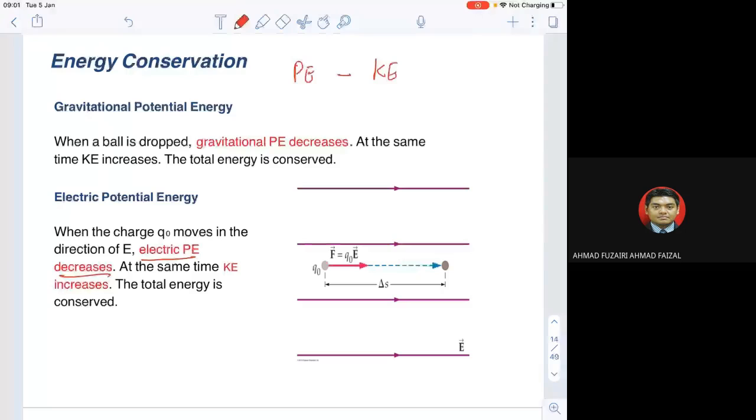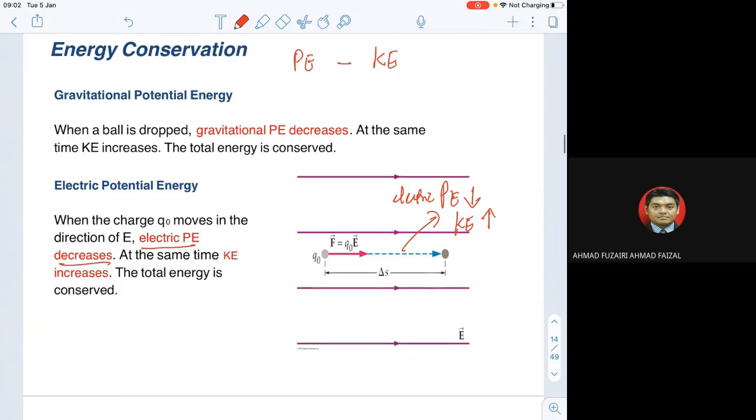So as the positive charge moves in the same direction as the electric field, the electric potential energy will decrease, and of course the kinetic energy increases. These are the total energy when we talk about energy conservation.